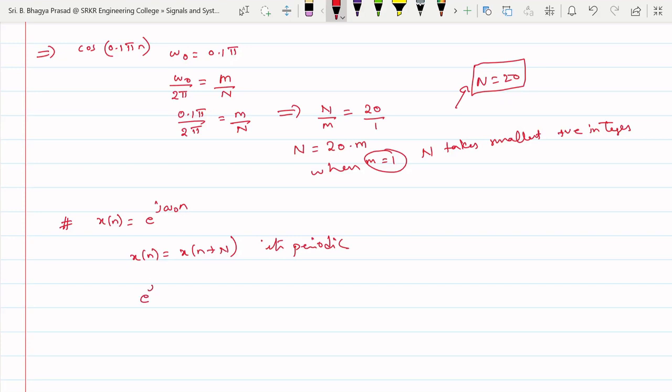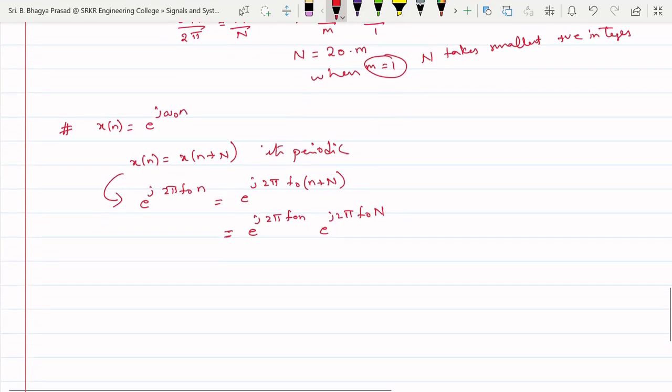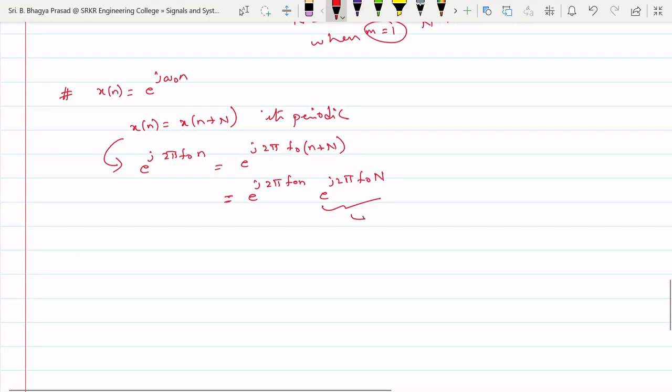Write it as e power j 2 pi f naught n equal to e power j 2 pi f naught (n plus capital N). I am expanding this. So e power j 2 pi f naught n and e power j 2 pi f naught capital N. For the right hand and left hand sides to be equal, this should be equal to 1.